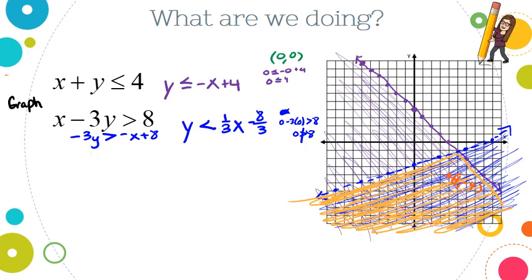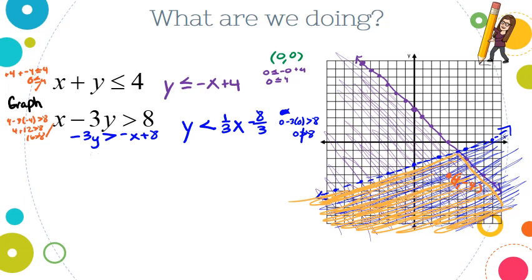So that would mean 4 plus -4 less than or equal to 4, which would be 0 is less than or equal to 4. True, that's good. Then I'd have 4 minus 3 times -4 greater than 8, which would be 4 plus 12 greater than 8. Is 16 greater than 8? Yes. So I'm confident that that point is a true solution for both of my inequalities.